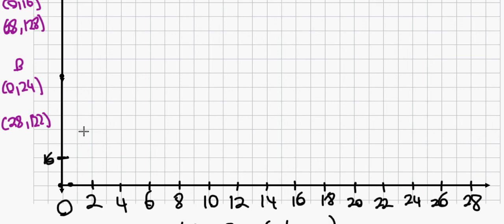So I'm hopefully going to go up in, we should use the full page, which means I'm going to go up in 4s. Okay, so I'll start off maybe at the very bottom. I'll start off at 16 here, and I'll go up in 4s. So if I go up in 4s, every 2 is worth 8.